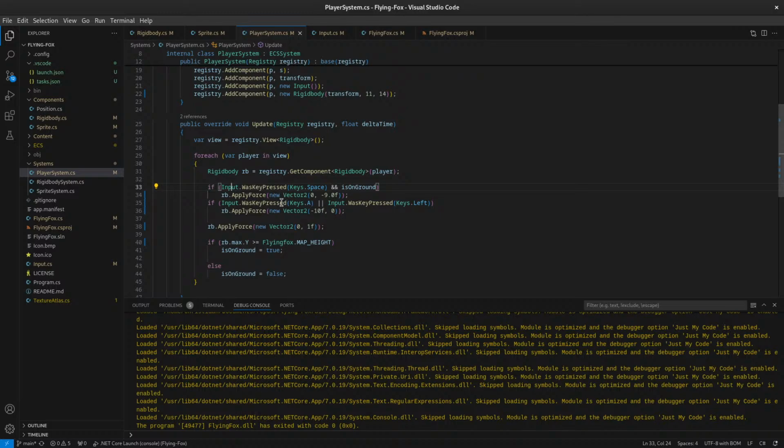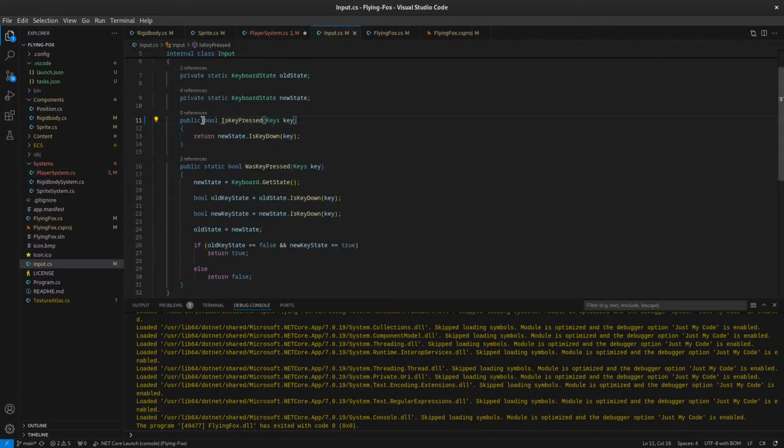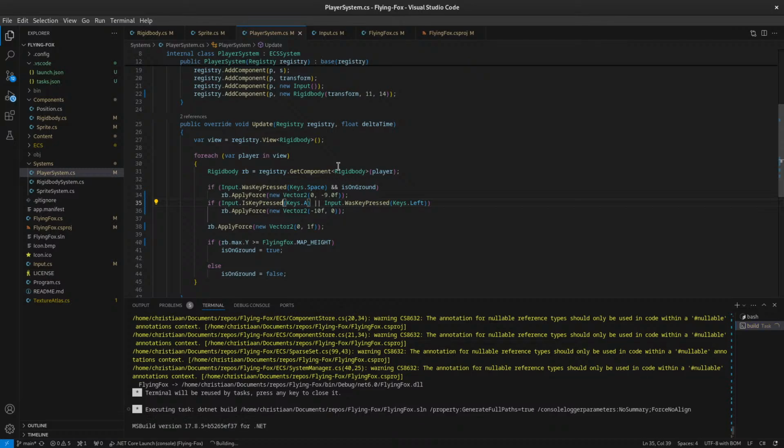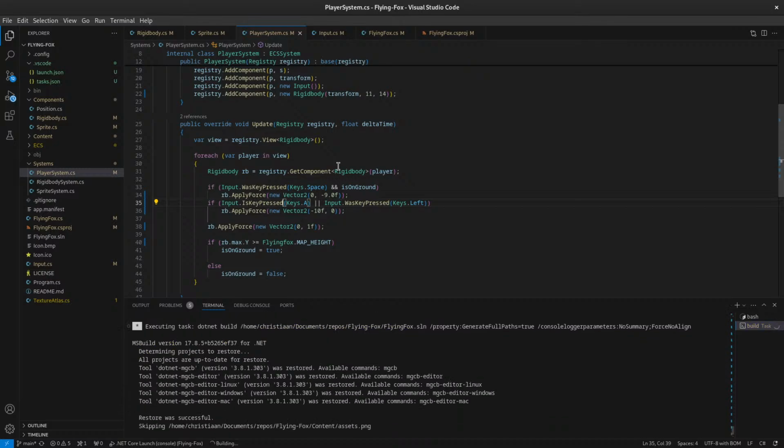Play system, sorry. Input.is. Hey, what's wrong with this? Oh, not static. Is key pressed. It's A. I'm not going to worry about left right now. We're just going to test A.